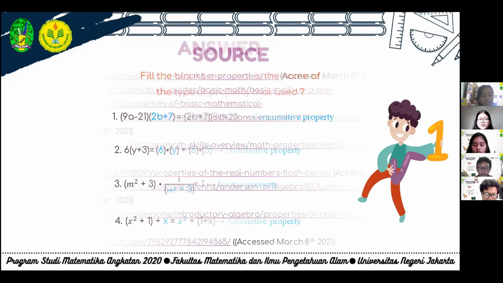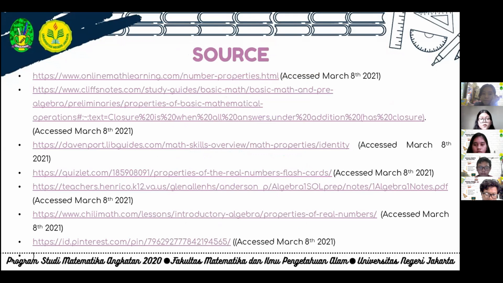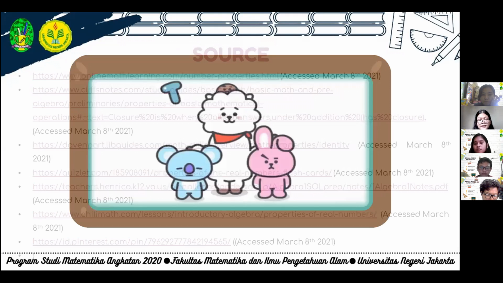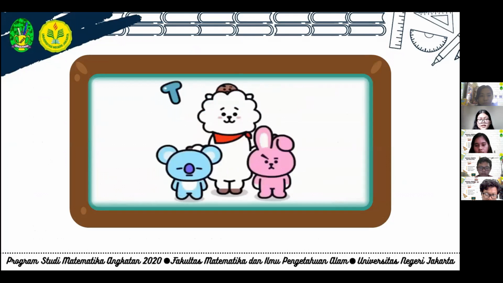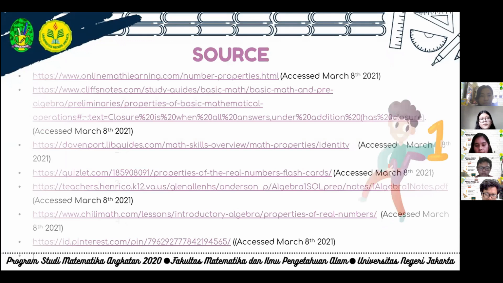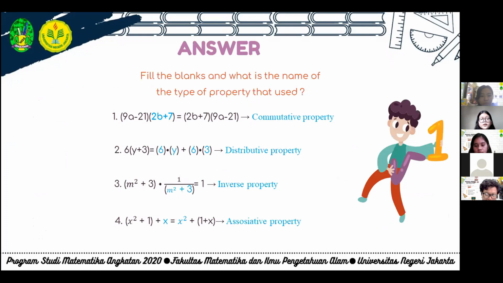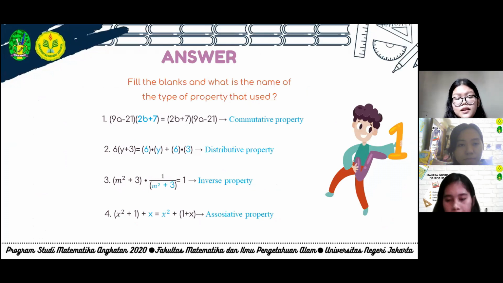For number 2, we had 6 times y and 6 times 3 in the blanks and use the distributive property to solve that question. For number 3, we had m to the power 2 plus 3, and we use inverse property to solve that question. And for the last number, we had x and x to the power of 2 in the blanks and use the associative property to solve that question.